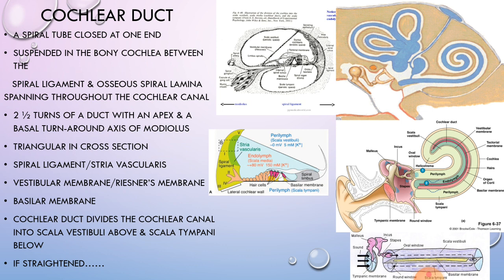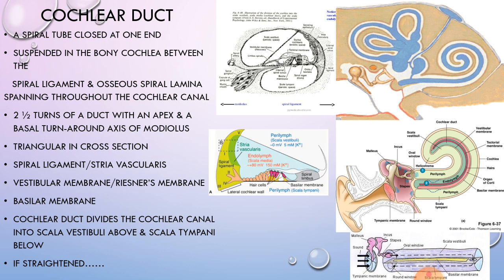The 2.5 turns of a duct with an apex and a basal turn around the axis of modiolus. This cochlear duct is triangular in section. There is a spiral ligament or stria vascularis. There is a vestibular membrane. There is a basilar membrane.